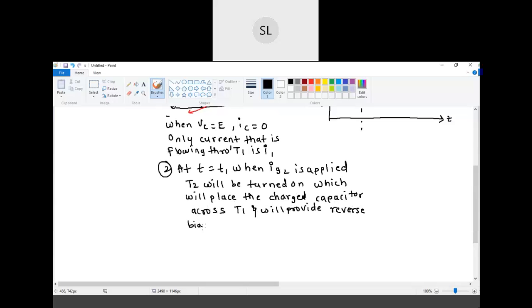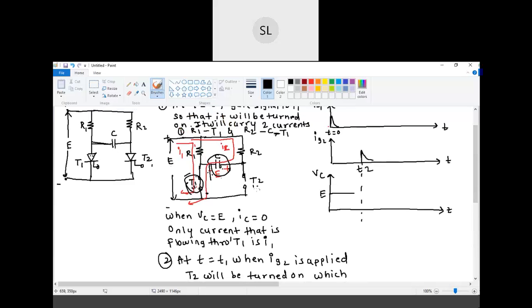Okay. So it will provide reverse bias to this T1 and then T1 will be turned off. Okay. So as soon as we apply triggering signal to this T2, the charged capacitor will be placed across this T1, which will provide reverse bias to this T1 and this T1 will be turned off.